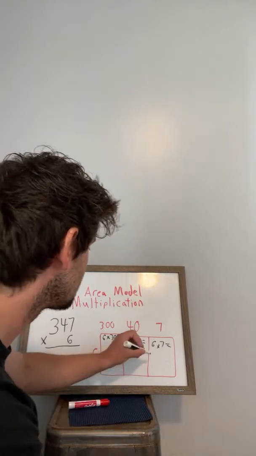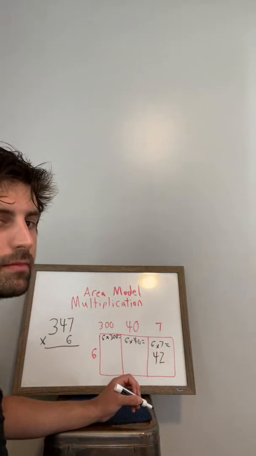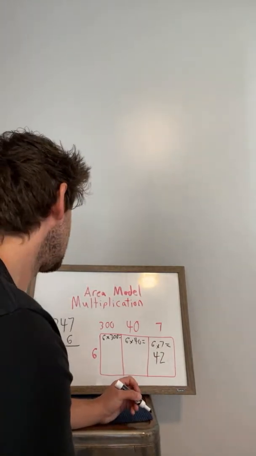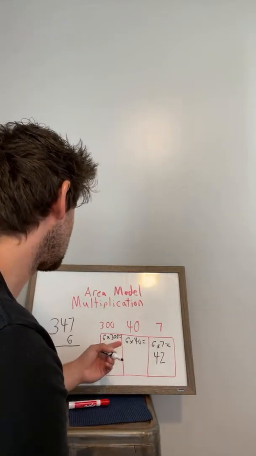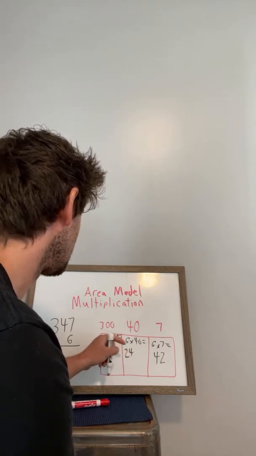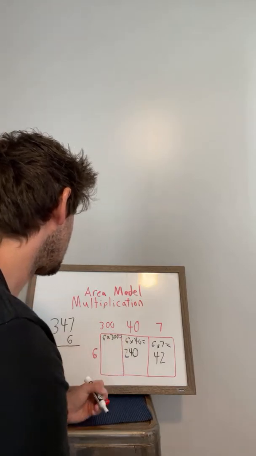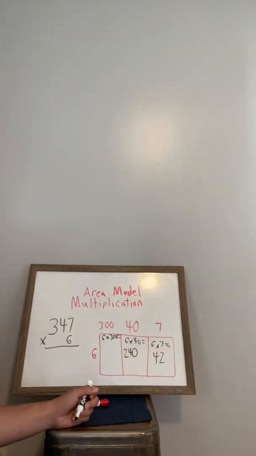All right, so 6 times 7 is 42. 6 times 40, we're going to multiply 6 times 4 and add a 0 to our answer. 6 times 4 is 24. There's 1 zero in the number 40, so I'm going to add a 0 to that. 6 times 40 is 240.